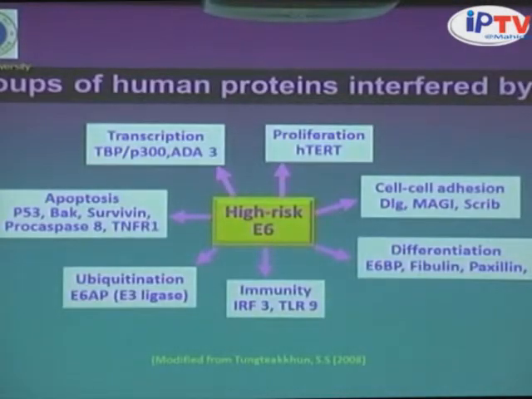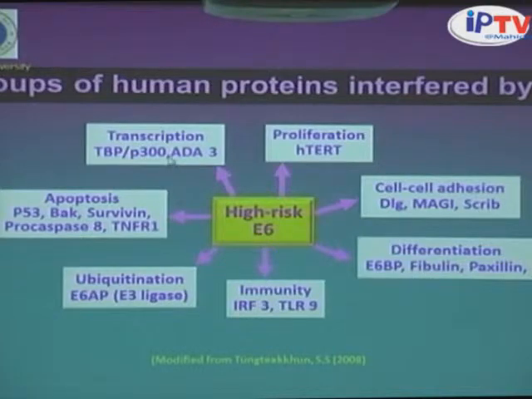Now, if you look at this diagram, Tang Chi Kun, 2008, has summarized a variety of E6 target proteins. As you can see, E6 is a very special virus protein that can attack many of the cellular proteins, including through a variety of mechanisms.